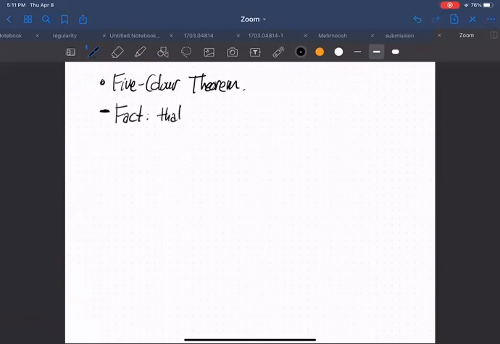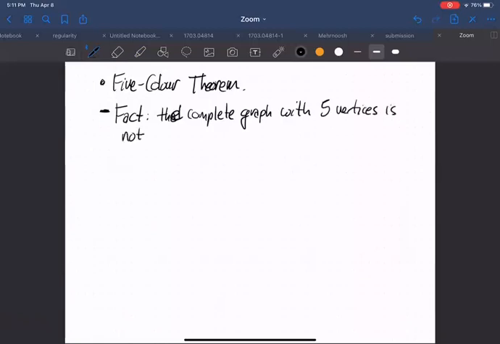The complete graph with 5 vertices is not planar. Okay, that's the graph with 1, 2, 3, 4, 5 vertices and every possible edge.